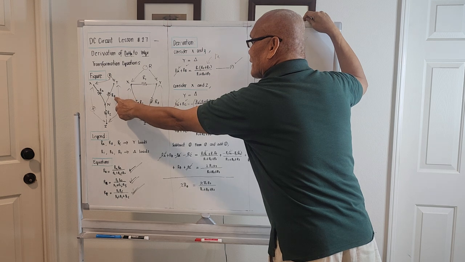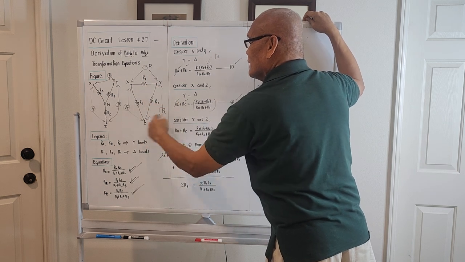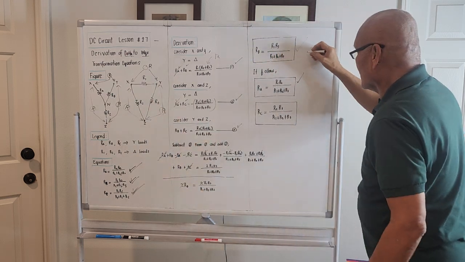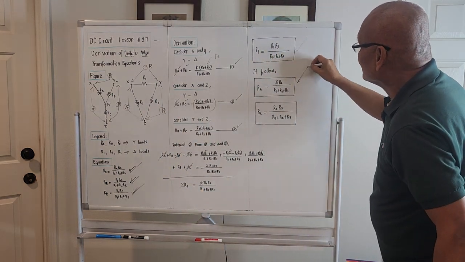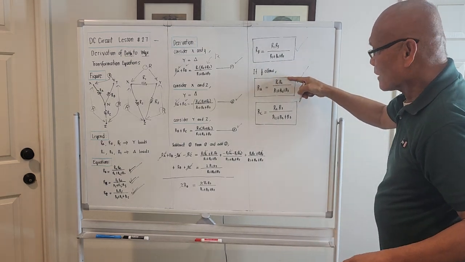R B will be R1, R3 all over the summation. And R sub C will be the product R2, R3 all over the summation. Just be sure that the numerator is the correct one.